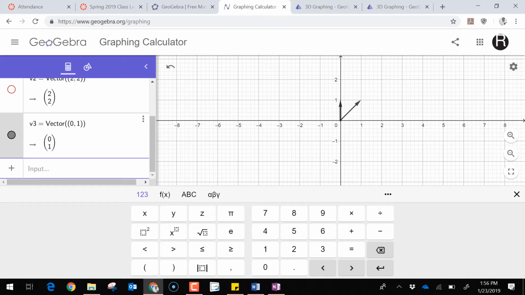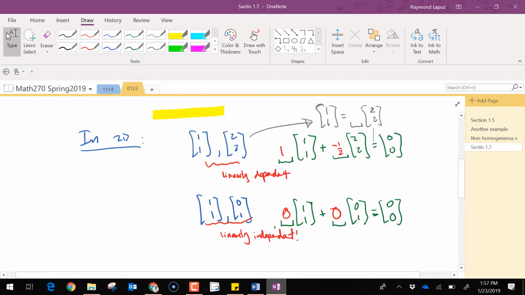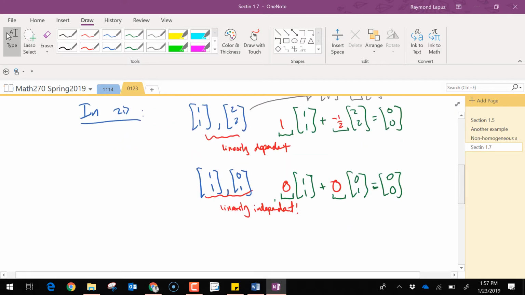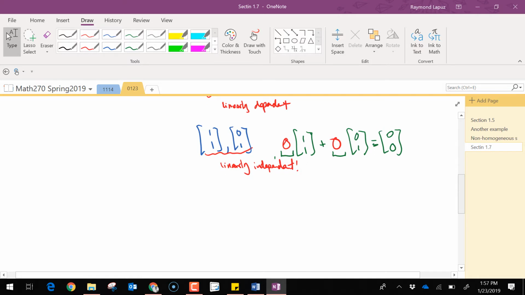What if I throw a third vector there? So it'll have to be linearly dependent. So what if my set of vectors is 1, 1, 0, 1, 1, 0.